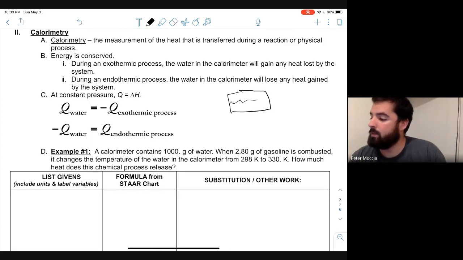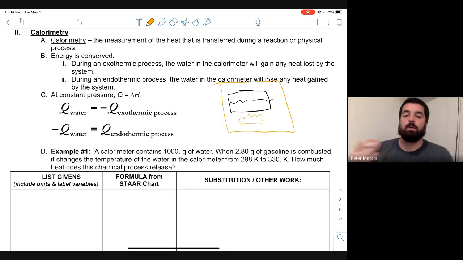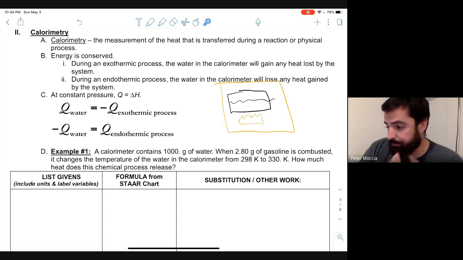So you'd have water in here, and you'd have some sort of fire, that's fire right there, and some sort of reaction taking place to heat up the water. And we're going to figure out how much heat got released by this reaction and went into the water. So you can figure out the enthalpy based on this. Okay, so that's one type of calorimetry.